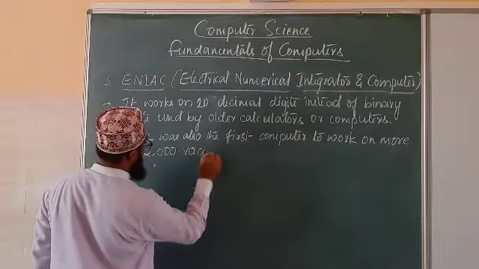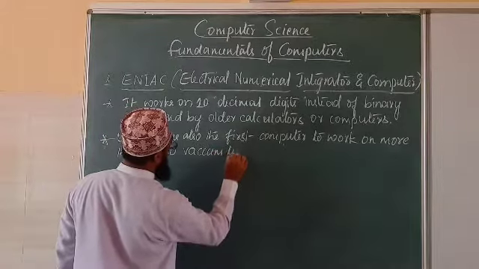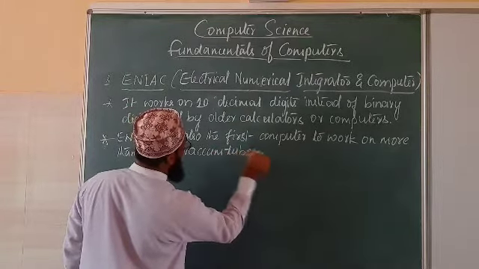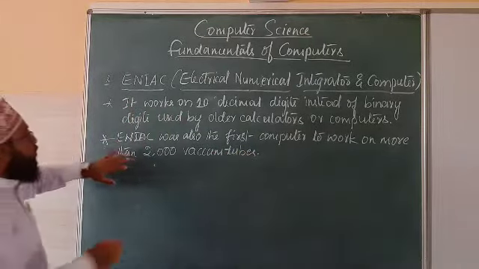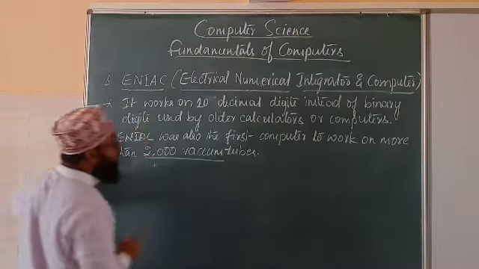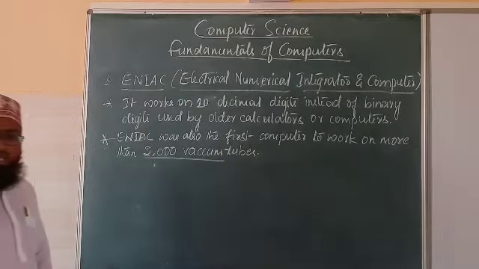At the same time, ENIAC needs 2000 vacuum tubes to get operated.